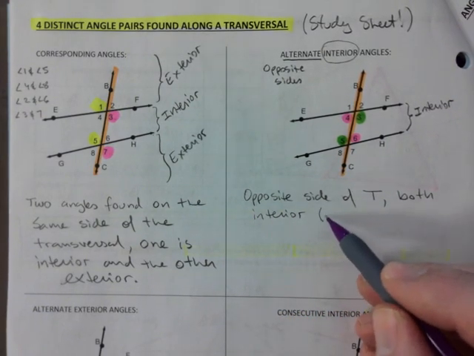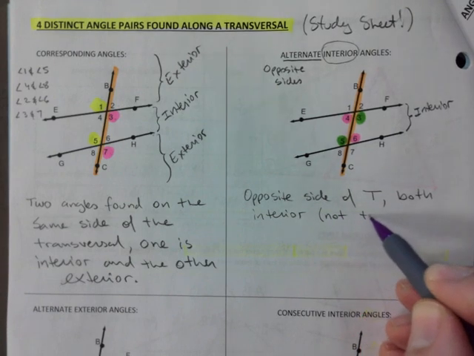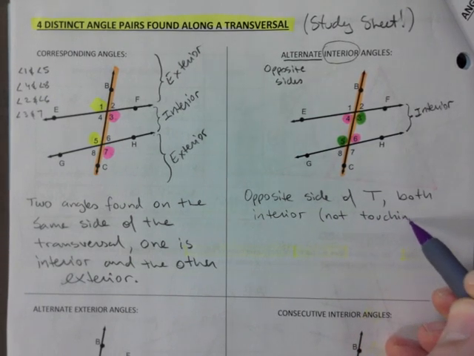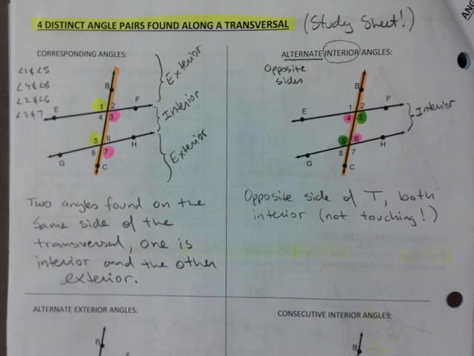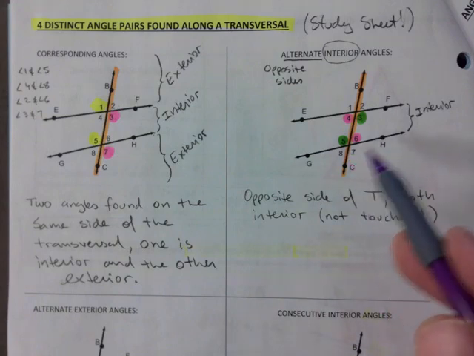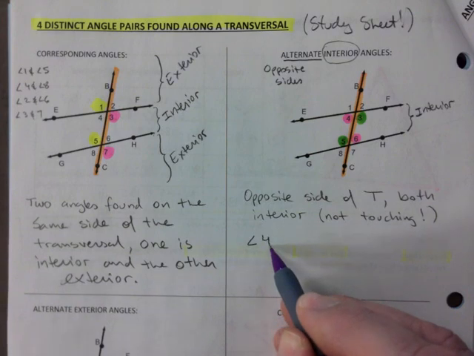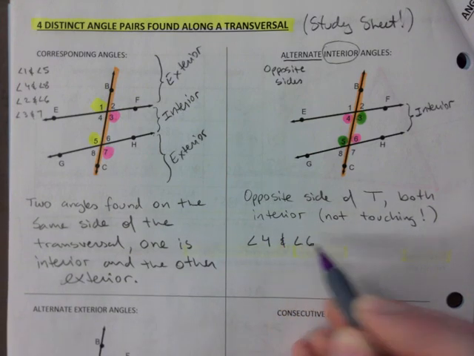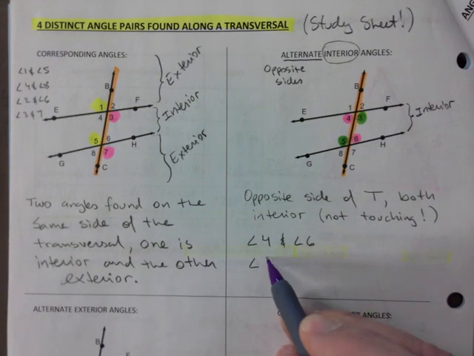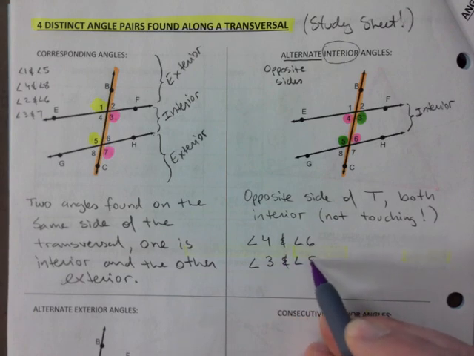Can I just say this, not touching? Not adjacent. They don't touch each other. Because sometimes students think they're right next to each other, like 5 and 6. Those are not alternate interior. So angle 4 and angle 6, angle 3 and angle 5.